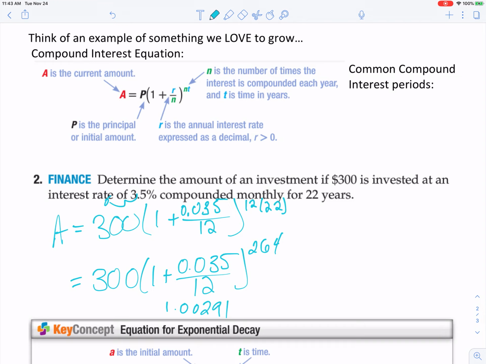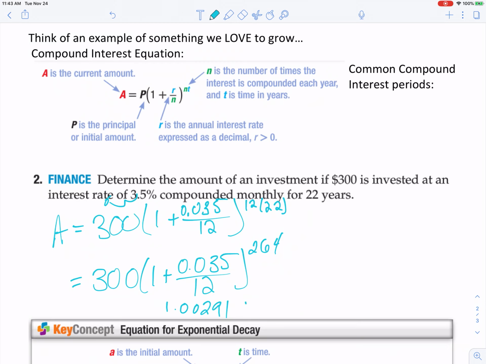From there, without clearing my calculator, what I'm going to do is hit the caret key. That's that little key that kind of looks like an upward arrow. And then I'm going to type in that exponent that I found earlier, 264. And then I'm going to hit enter.